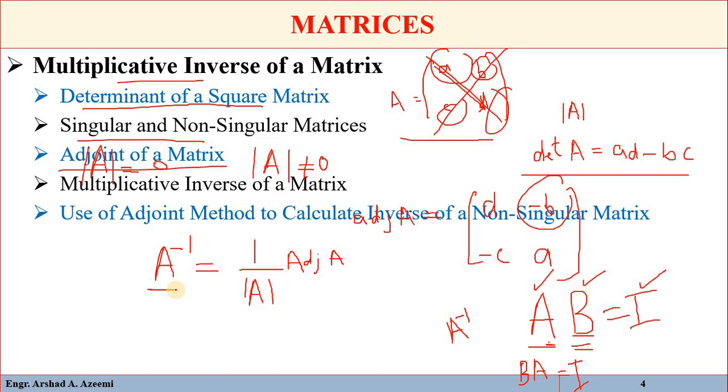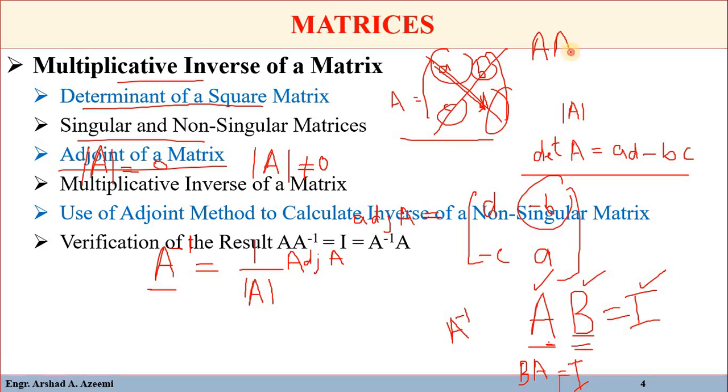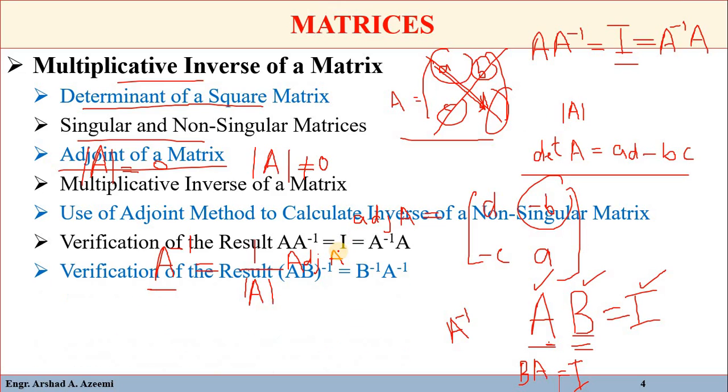Then we have a property: if a matrix A is multiplied with its multiplicative inverse, it will give us the identity matrix, or if the inverse of matrix A is multiplied with that matrix, it will also give us the identity matrix. Then we have another formula.